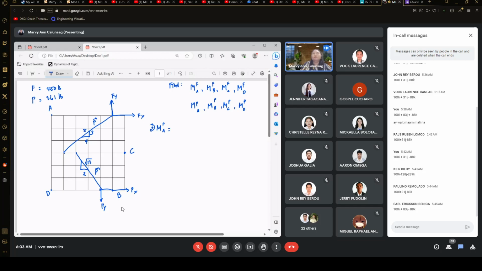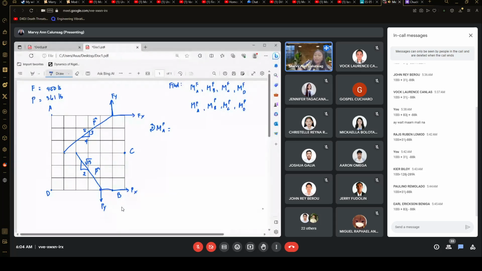So, to be uniform, we will assume clockwise rotation as positive. And so, by the theorem, the moment of a force about a certain point is equal to the sum of the moments of its components.